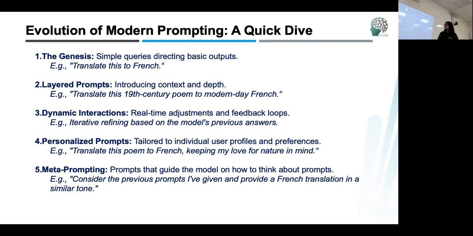And then meta prompting, prompts to prompt, prompts that guide the model on how to think about prompts. Like instructing the model that I'm giving you prompts, and how to think about prompts. So starting from basic prompting, these were basically the 5 evolutions that we see in the world of prompt engineering.